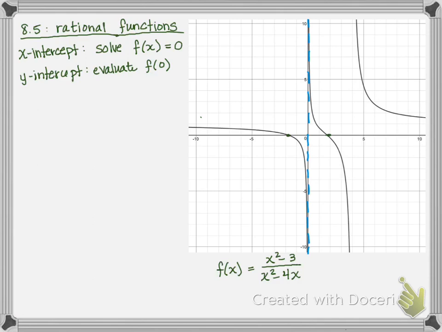So we don't have a point that corresponds to x equals 0, which makes sense if we think about this as a rational function, because what would happen if I plugged 0 in there? It wouldn't work. Why? Because if you were to solve out the bottom, you get 0, and we can't divide by 0, right?